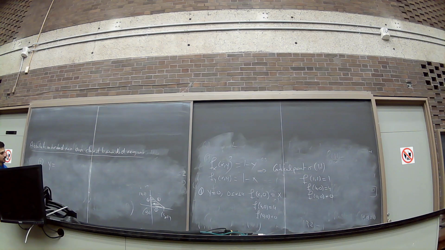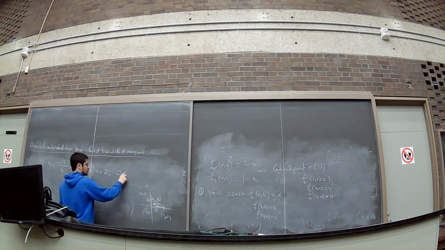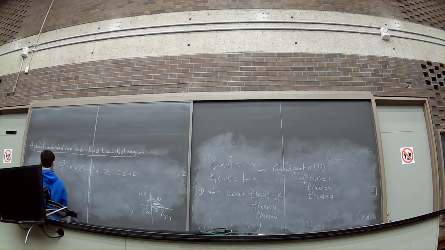Y is equal to what? It's delta y over delta x. What's delta y? y goes from 0 to 2, so it's minus 2 over 4 x. What is the intercept? 2, right? So it's y equal to minus 1 half x plus 2. X varies from 0 to 4. Very good. So what is f(x, y) in this case?